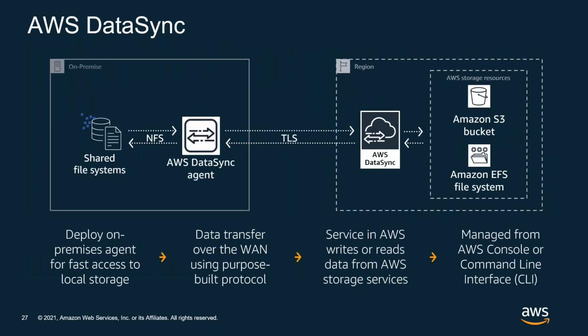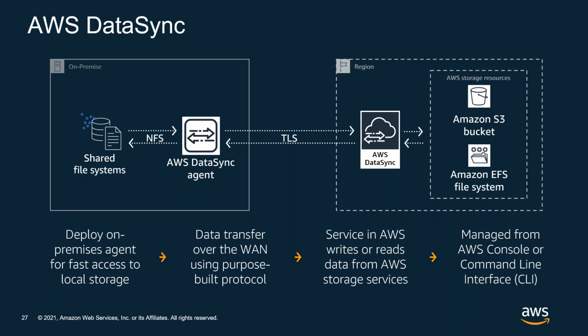Finally, I want to talk about two other options: DataSync, which is an on-premises agent that can be used to quickly copy or migrate data from NFS shares, as well as object storage, to things like Amazon S3. It's very fast. It can actually saturate a WAN link.